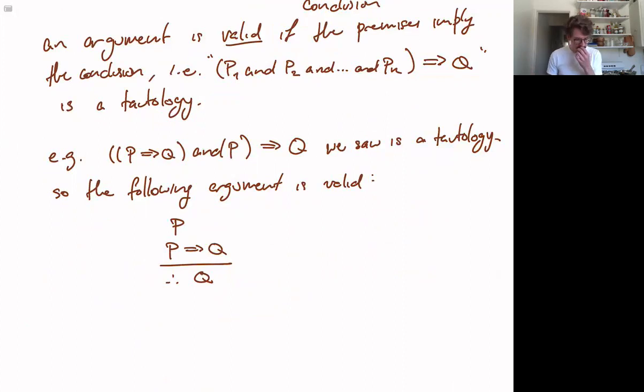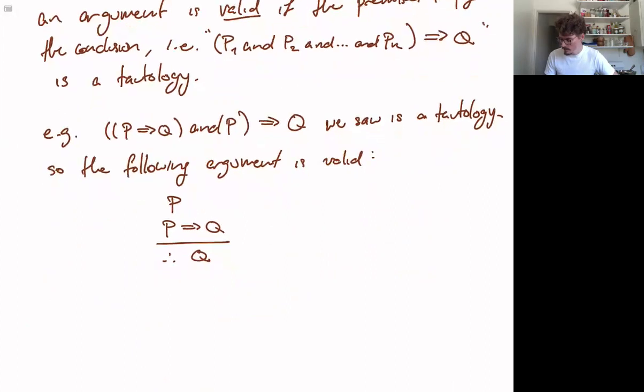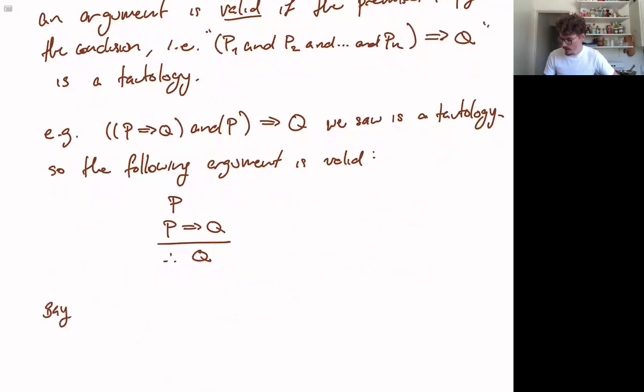So let's give a very basic example of how you might actually say something like this as a concrete argument. So say we want to show that the square root of 50 is greater than 7.